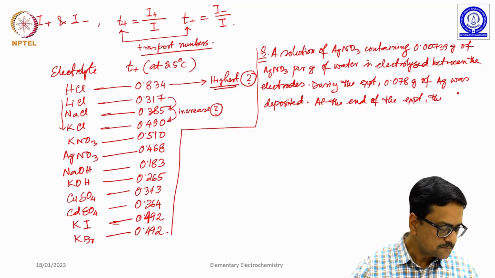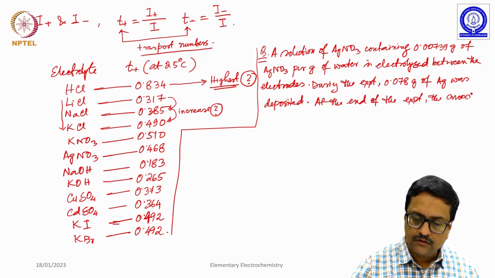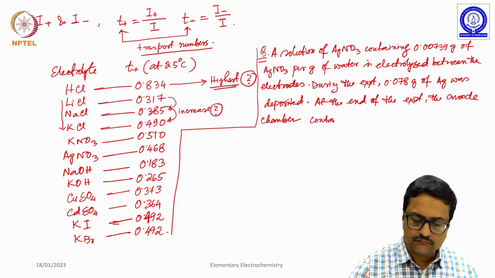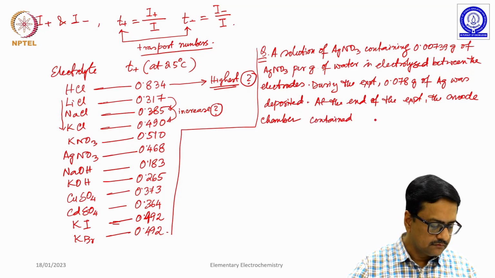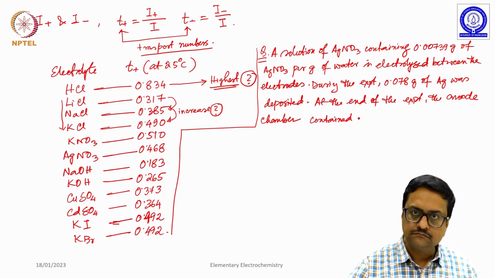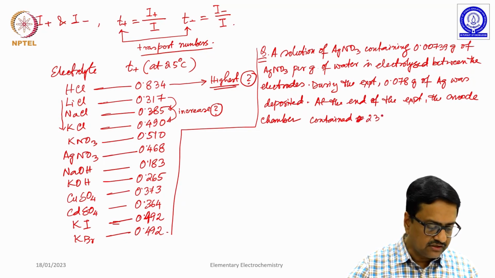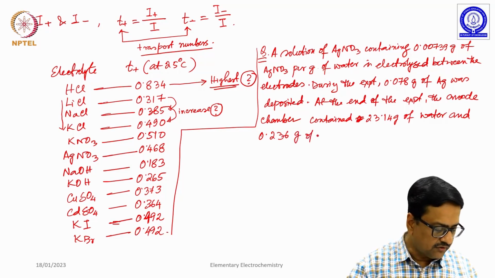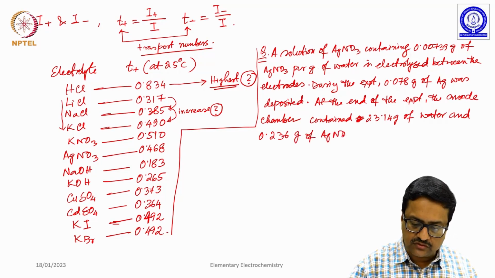The anode chamber contained 23.14 gram of water, 0.236 gram of AgNO3.